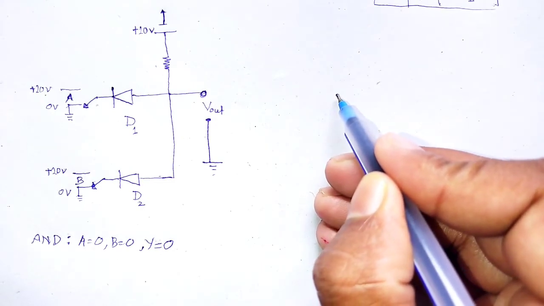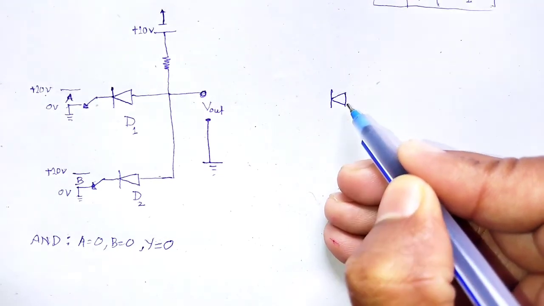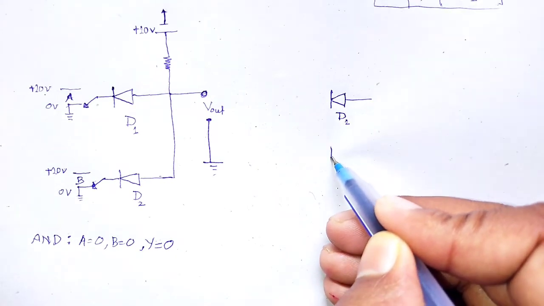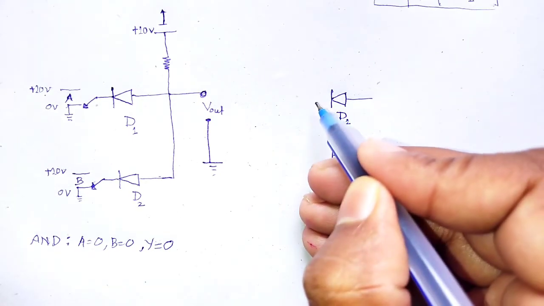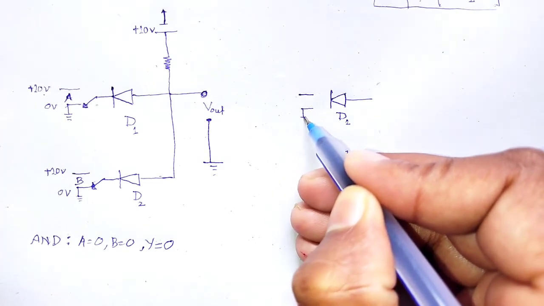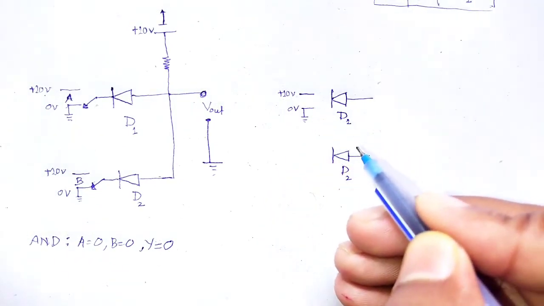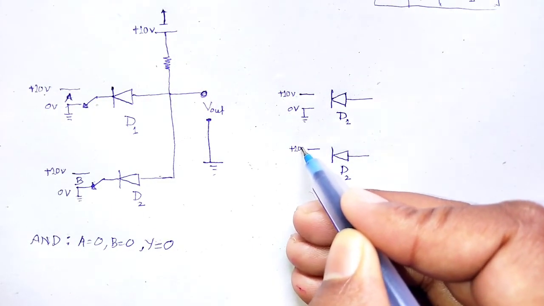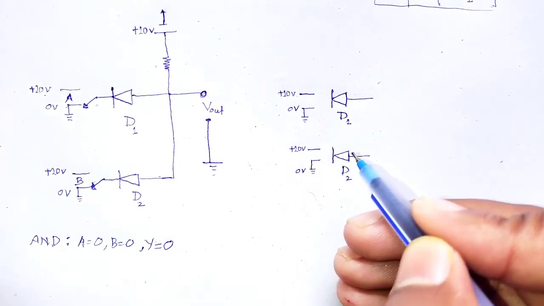In similar fashion, the cathodes of diodes D1 and D2 have plus 10 volt and 0 volt.